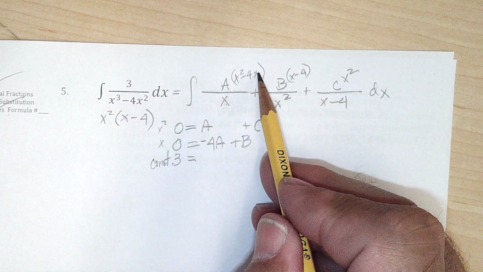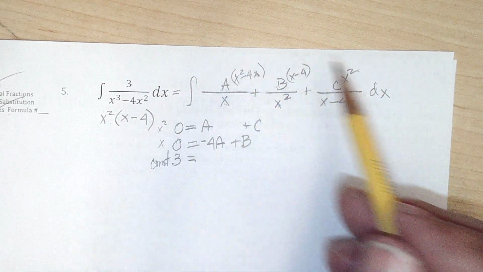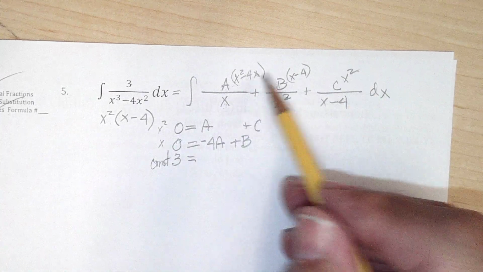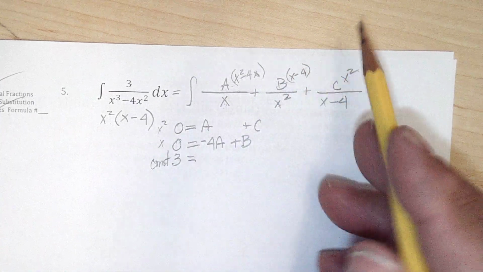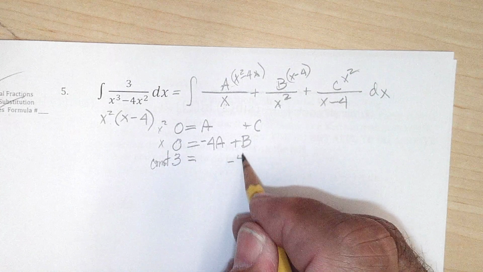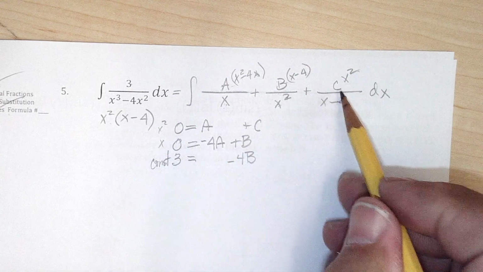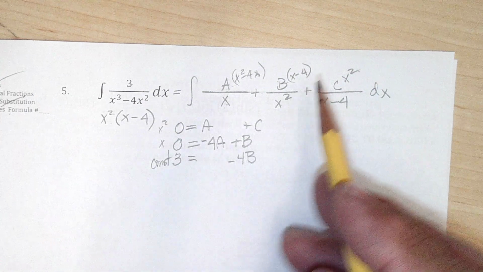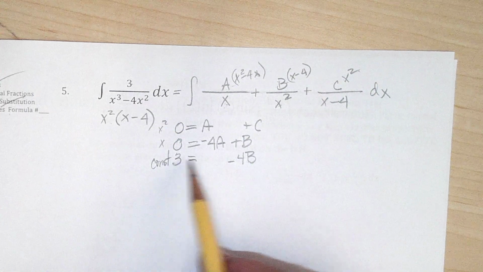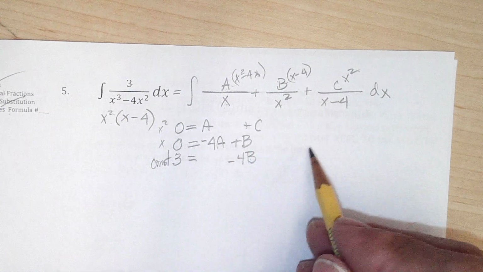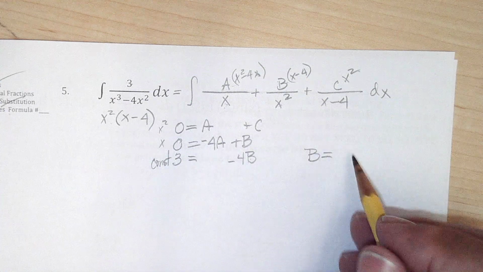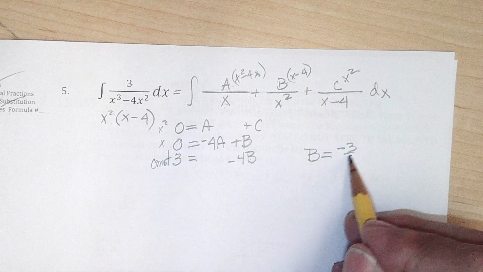Both of the other terms have x's, so no constants there. We get minus 4b and no x's there. So b has to be 3 divided by -4, -3/4.